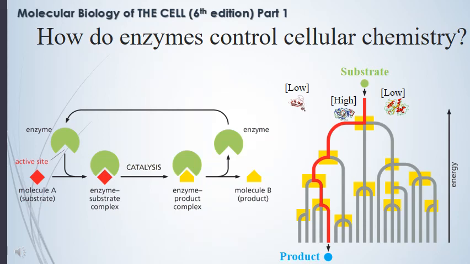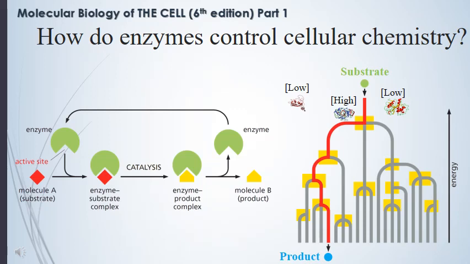So we talked briefly already about how enzymes help to drive chemical reactions to a desired finish, but let's look at it from a different perspective. Now we have substrate and we need to get the product, and there are many different reactions that can happen to get to many different products from that one substrate.